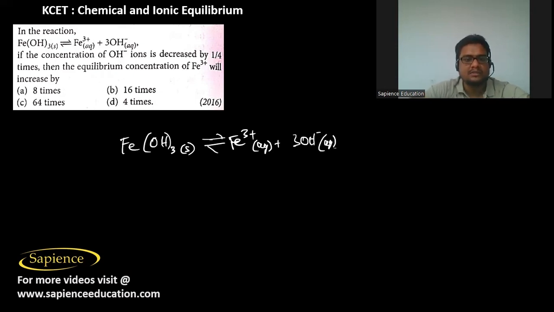If the concentration of hydroxide ions is decreased by 1 by 4 times, then the equilibrium concentration of Fe3 plus ions will increase by how much?